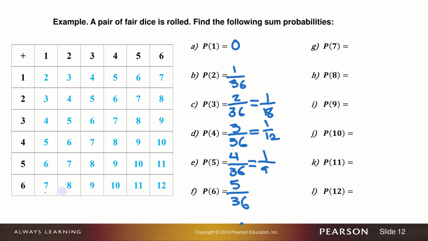Now, you can see from the table, you know how in craps this is the favorite number because that is the most likely outcome, right? So the probability of getting a 7 is going to be, notice, 1, 2, 3, 4, 5, 6 again. So 6 over 36, which is 1/6.